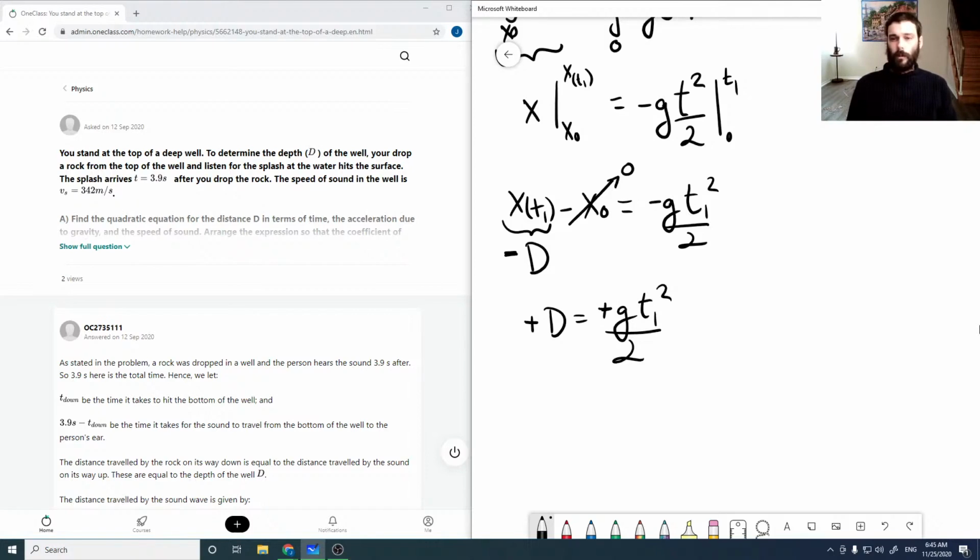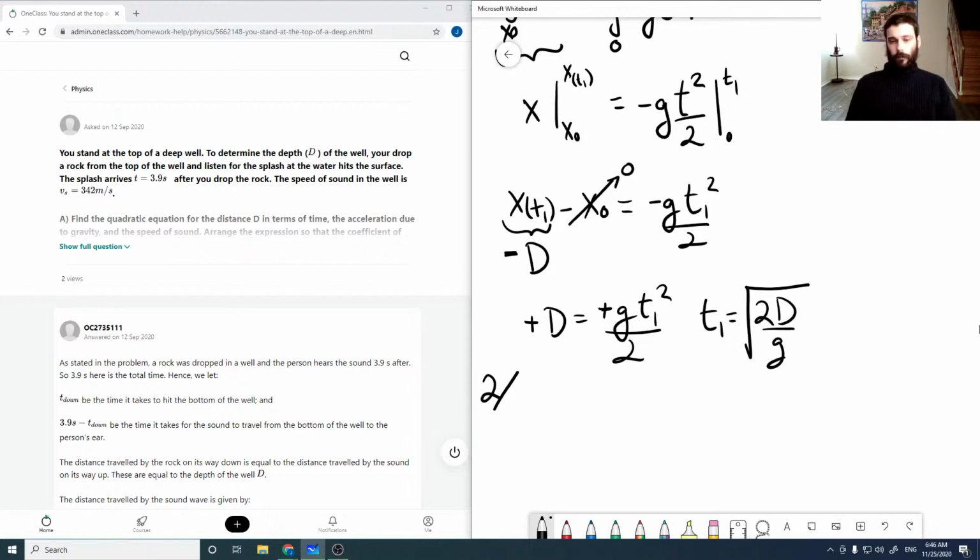So now we have one expression for the distance d, and we can solve that for our time as t1 equals the square root of 2d over g, which is a quantity we will need in a second.